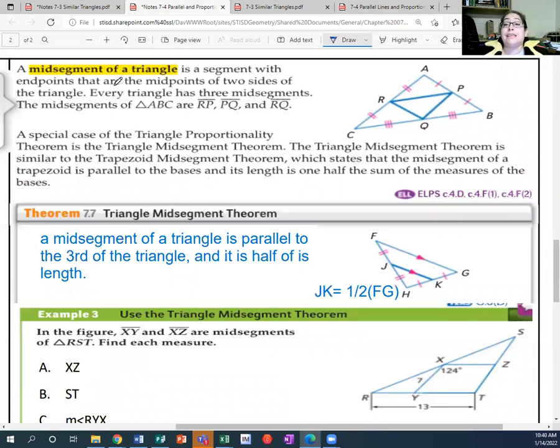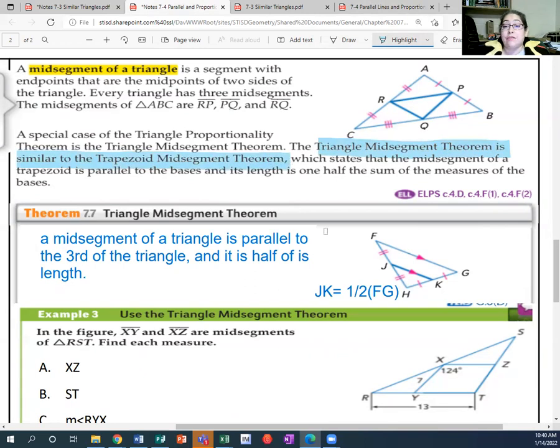A mid-segment connects the midpoints of the sides. Well, a median connects the midpoints of the sides. So mid-segment and medians are the exact same thing. And here we have this comment that this mid-segment theorem that we're about to talk about is very similar to the trapezoid mid-segment theorem.